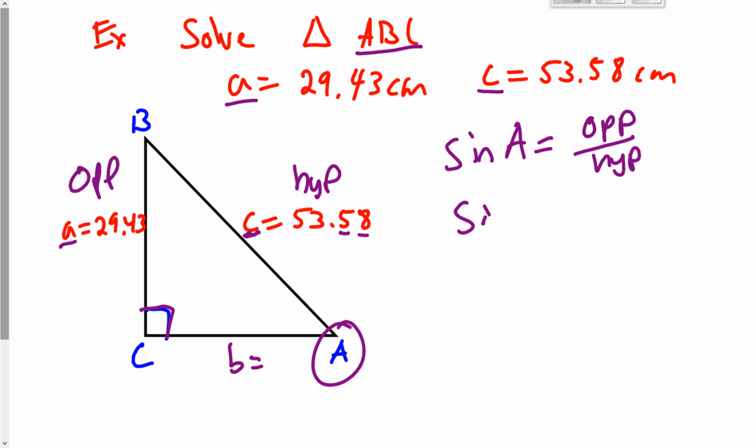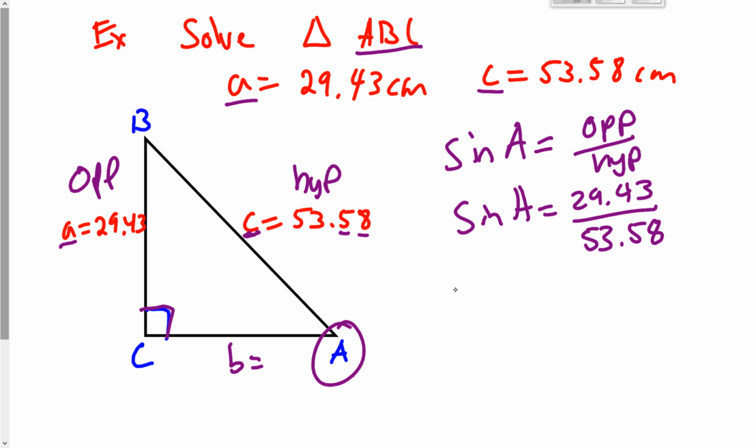So that would be sine of A is equal to 29.43 over 53.58. This means that there's 4 significant figures, right? So when we round, we'll make sure we have 4 significant figures, since I know you guys all love sig figs. Okay, but now we're finding the angle.